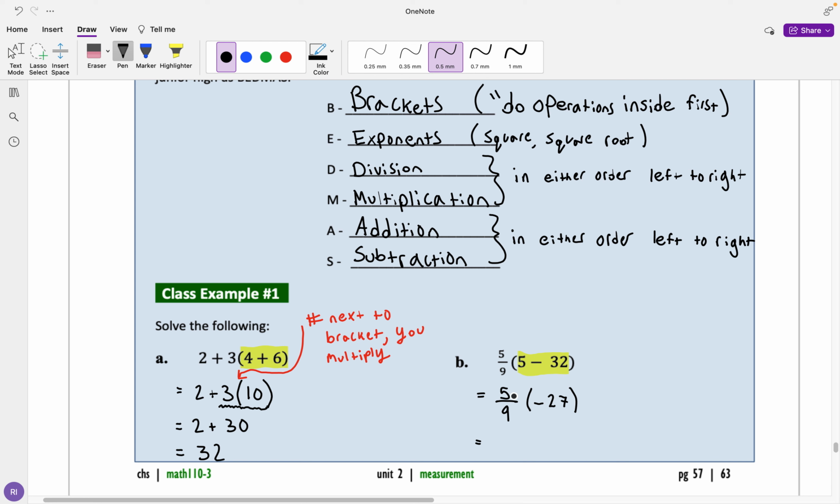I think it's best if we write this out, seeing the operations a little more clearly first. So 5 divided by 9 and then multiplied by negative 27. And this is now something that we could just type exactly into our calculator, and we'll see what we get.